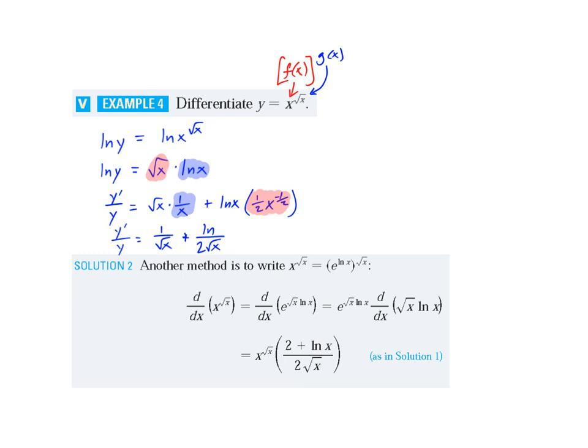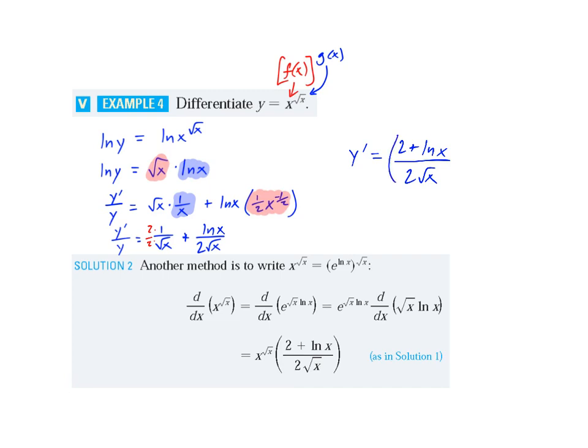If I was really feeling like I had to simplify that more, I could multiply the first fraction by 2 over 2 to get a common denominator and put those together. And so now I have y prime is equal to 2 plus ln of x, I forgot the x up there, over 2 square root of x.